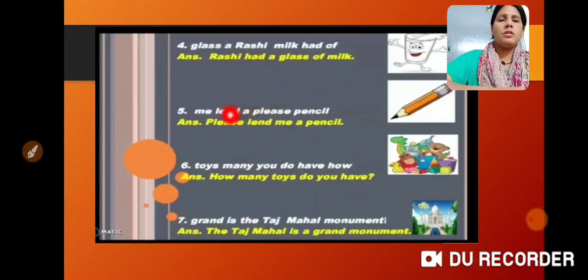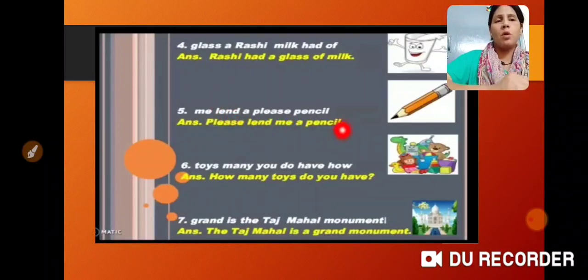Now read this group of words: me lends a please pencil. These group of words do not make a sense, so these are not sentences, but we can rearrange them to make a sentence. Notice how the words in each sentence are changed. Please lend me a pencil.